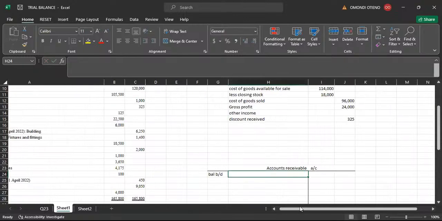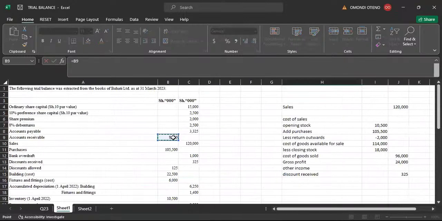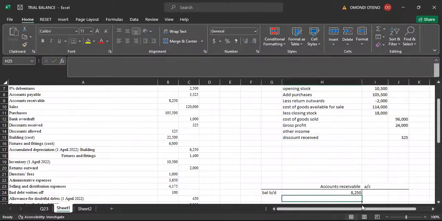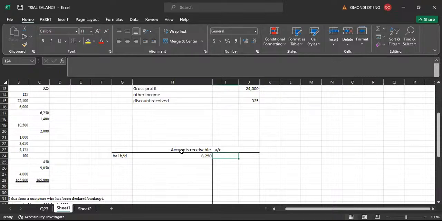So just pick this figure that is given to us, which is equal to 8250. So out of this, there's a customer who is being declared bankrupt. They are not going to pay this amount that we expect them to pay. So are we going to reduce the account, or are we going to maintain it? The accounts receivable.